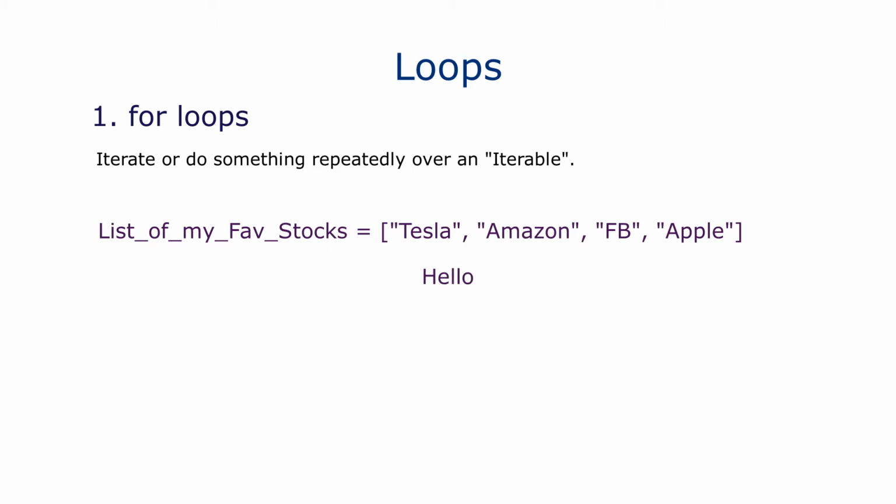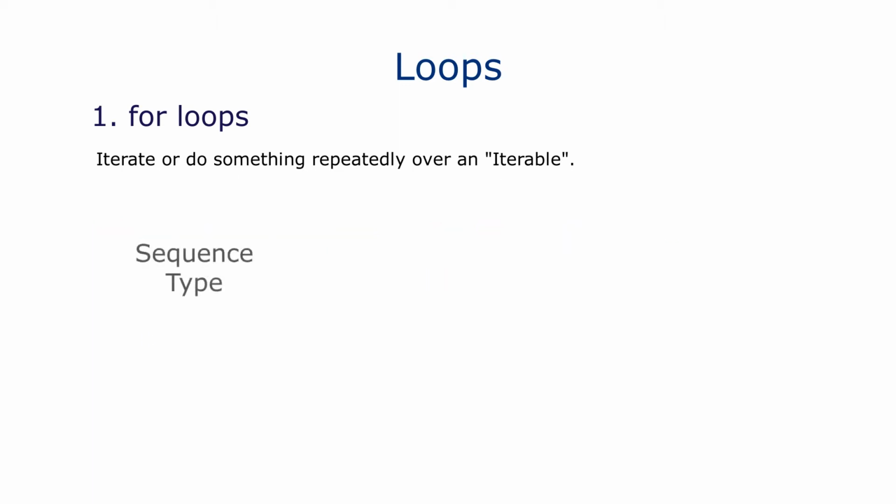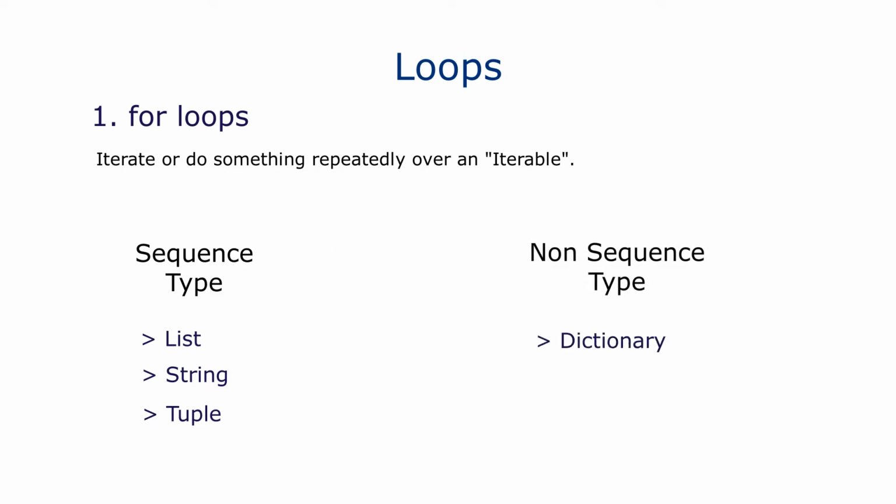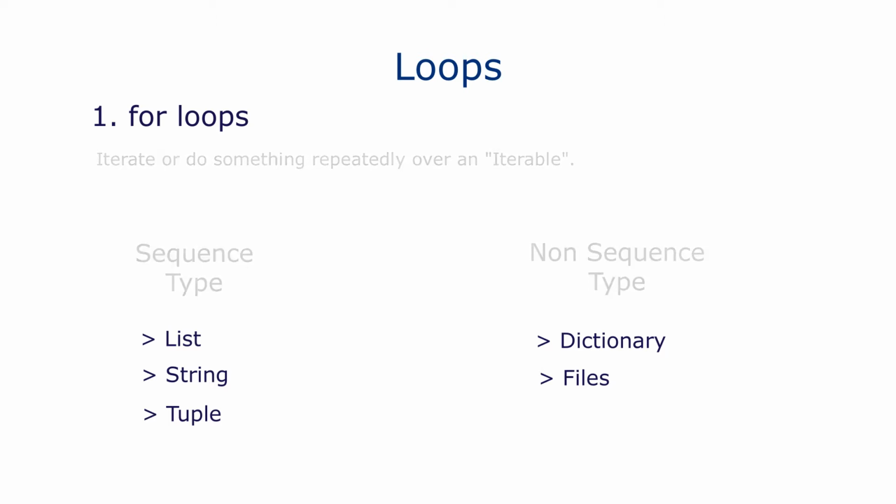The object could be a sequence type such as a list, a string, or a tuple. Tuple is a data structure that we didn't discuss in this course. And also non-sequence types such as dictionaries and files. Make sure you understand the difference between sequence type and non-sequence type.